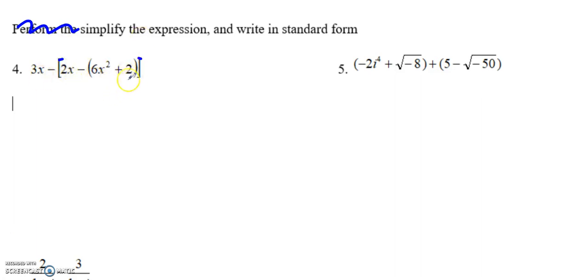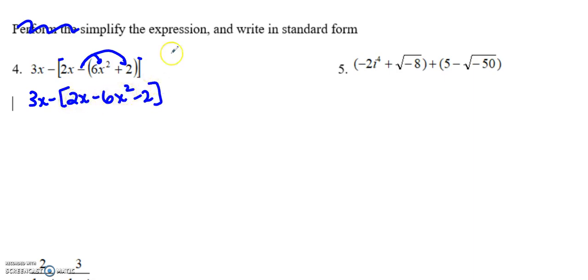So order of operations would say start at the inside and work your way out. So can I combine 6x squared plus 2? Nope. So the next thing then working my way out is this negative sign. So the negative sign is going to distribute to both of these. So 3x minus 2x minus 6x squared minus 2.